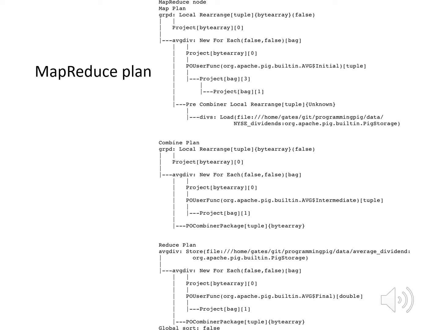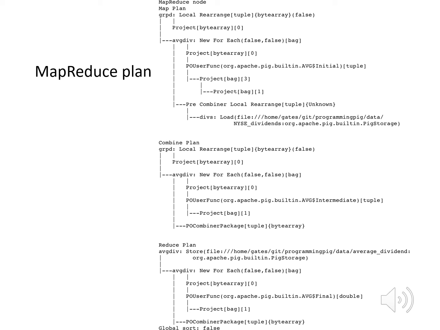In our example, this is the MapReduce plan shown on this page. It looks similar to the physical plan. The pipeline is now broken into 3 stages: map, combine, and reduce. The global rearrange operator is gone because it was a stand-in for the shuffle.